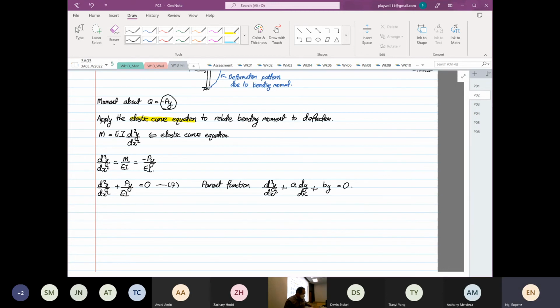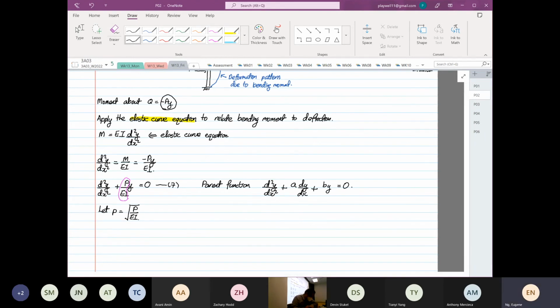So what we're going to do now is we're going to let small p is equal to the square root of big P over EI. So this term, what you see over here, the P over EI, is this term over here. Okay.